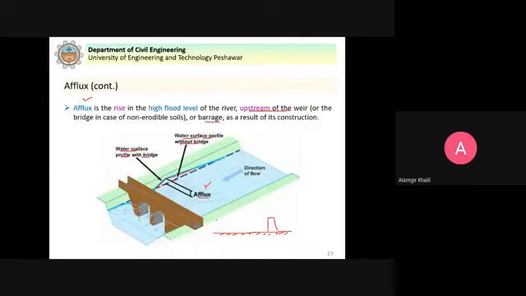What will happen is that it will store the water and the water level will rise, and excess water will flow over the surface of the weir, because the ponding can be done up to this level here. So above, the water will flow over the surface of the weir or through the gates in case of barrage.